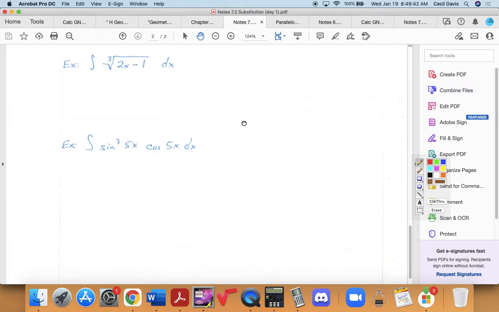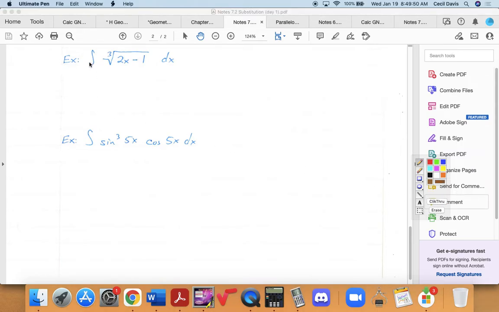I have a couple more. So here we have the integral of 2x minus 1 to what power? The 1/3 power, dx.